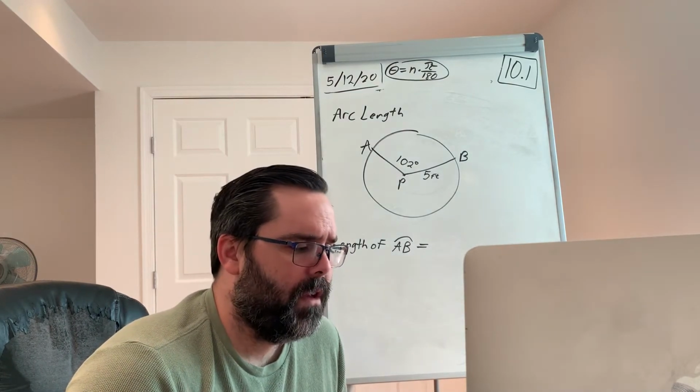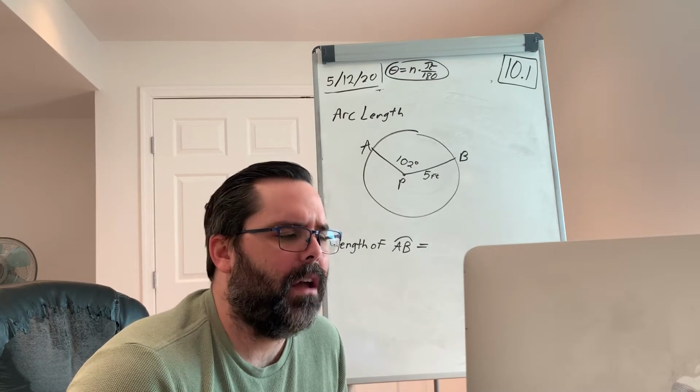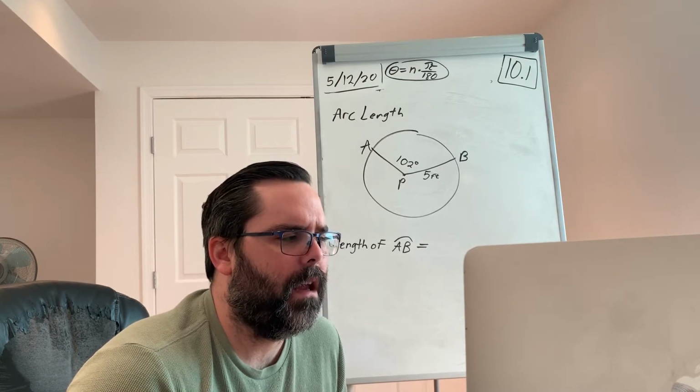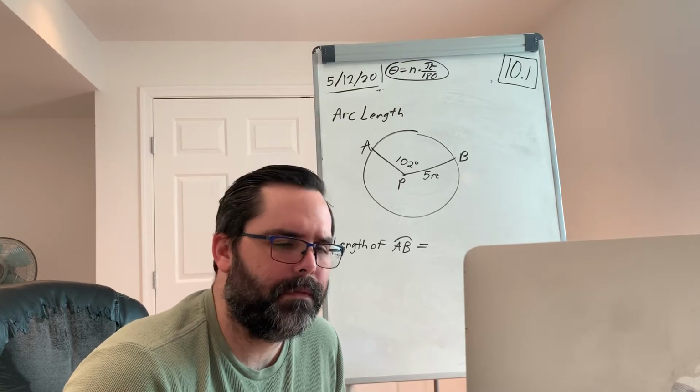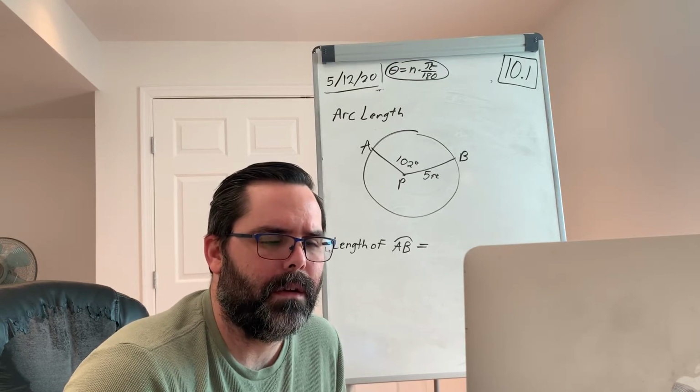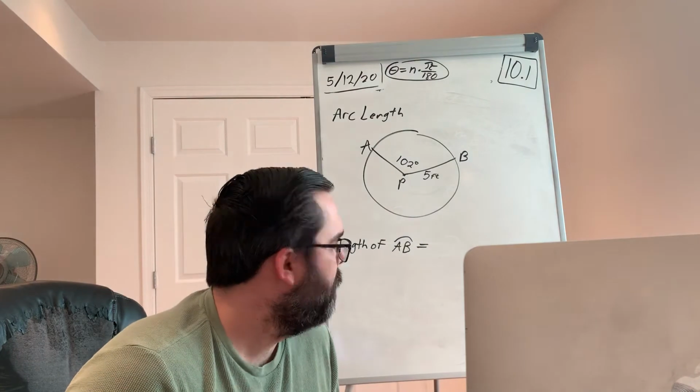Here's how it goes. Does anyone think they understand how you might find that arc length? All right, well, for sake of time here, let's just go ahead and talk about it.